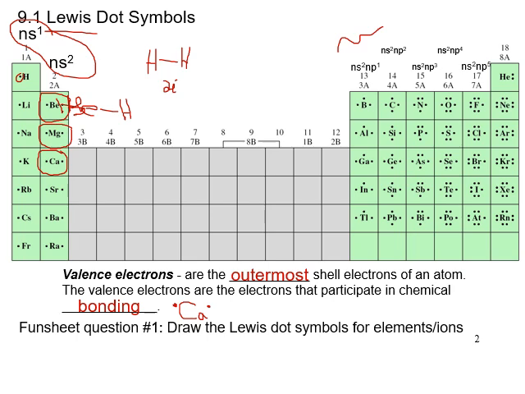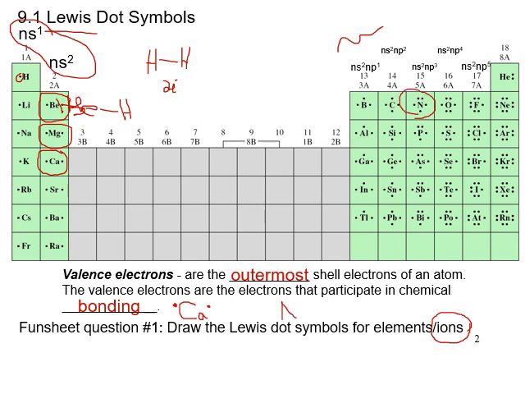So as far as drawing Lewis dot symbols for elements, you would find the number of valence electrons. Now, if it's an ion, those valence electrons have altered. And remember, in cations, electrons are lost. In anions, electrons are gained. So for example, nitrogen likes to form nitride.